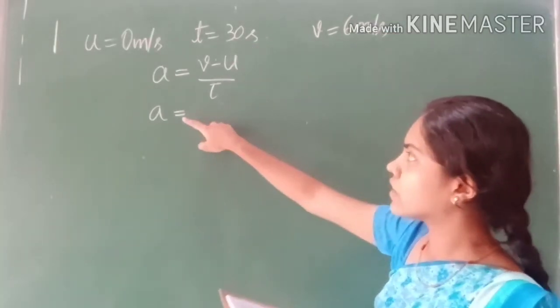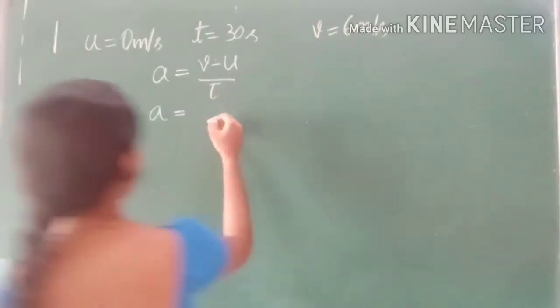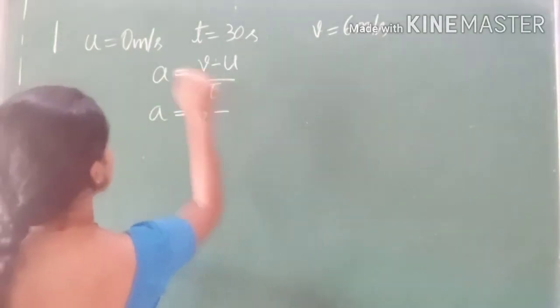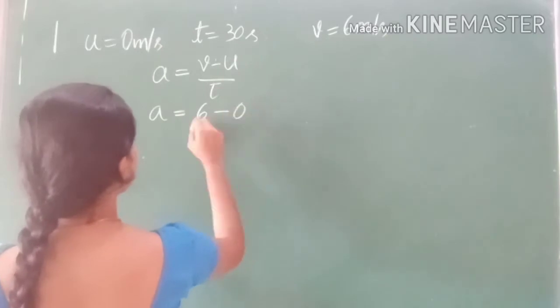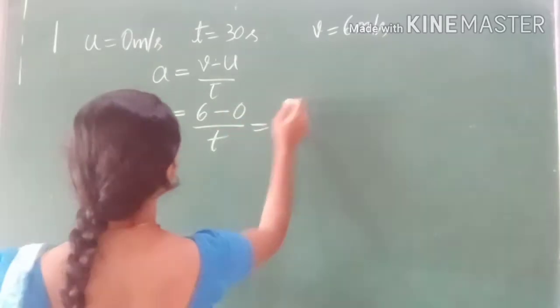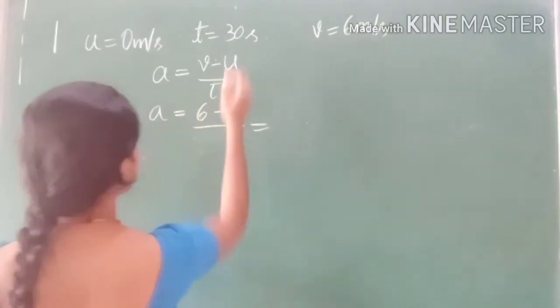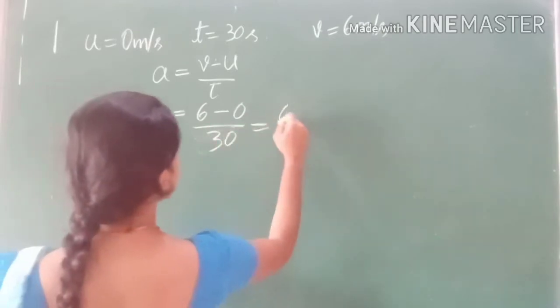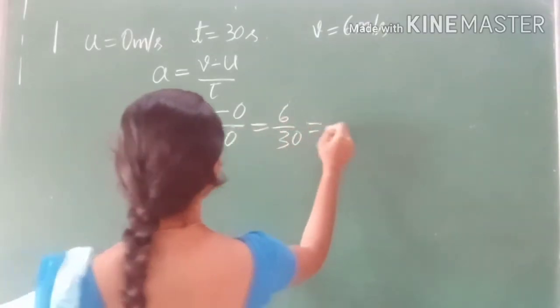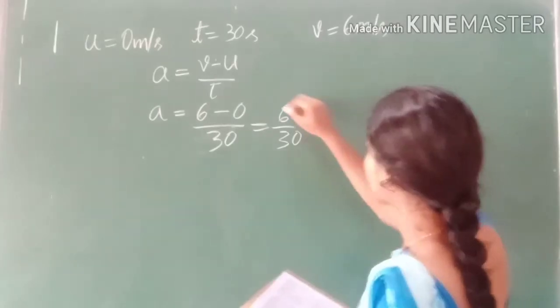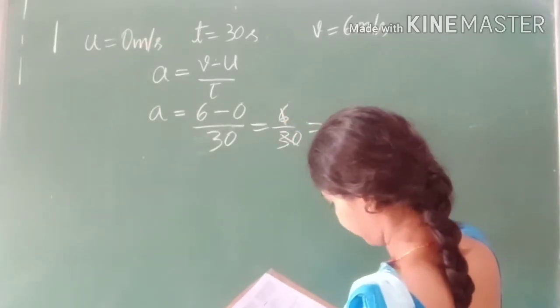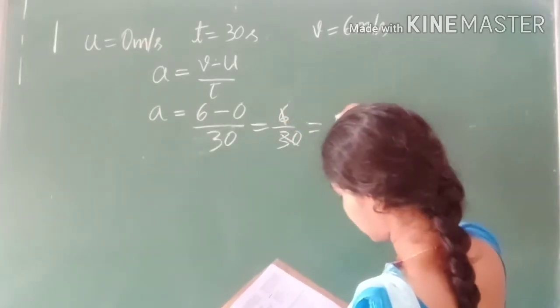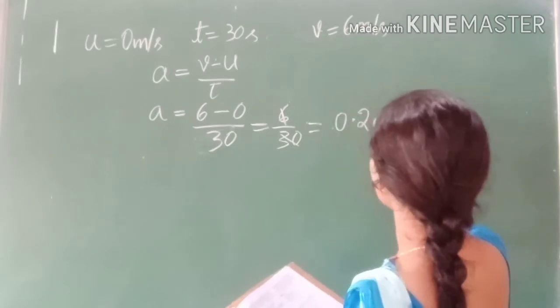Let's find the acceleration. Acceleration is 6 minus 0 divided by t, where t is 30. So 6 by 30 is 1 by 5, that is equal to 0.2 meter per second square.